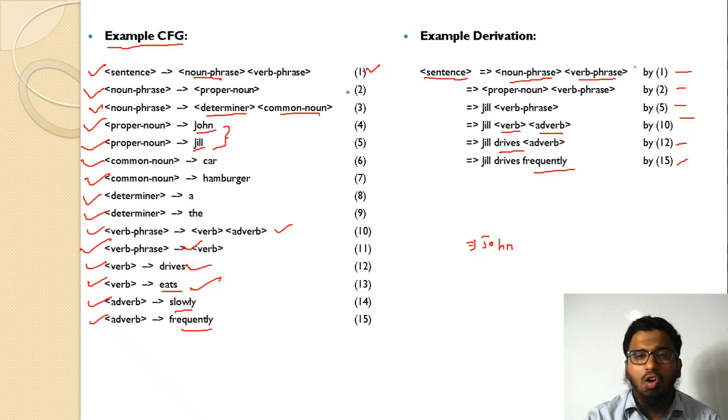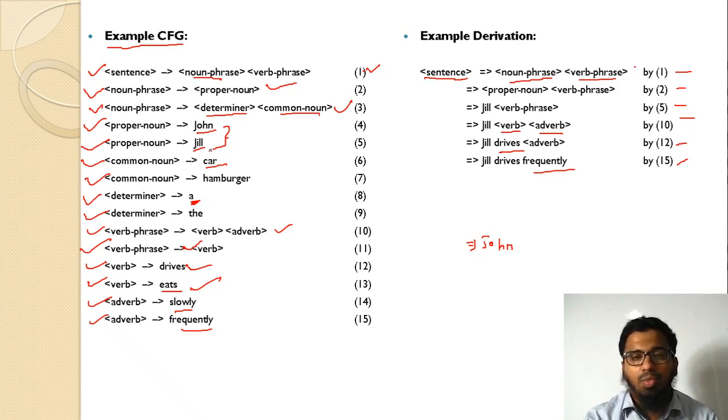Or in the noun phrase, just as we have taken pronoun, in place of that if we take determiner and common noun, determiner will be the, and common noun car will come. A car. It will come like a car drives slowly or frequently, like that. So this is a common sentence.